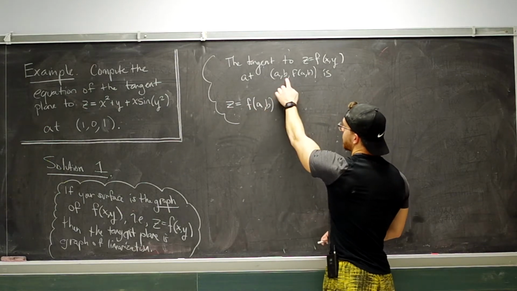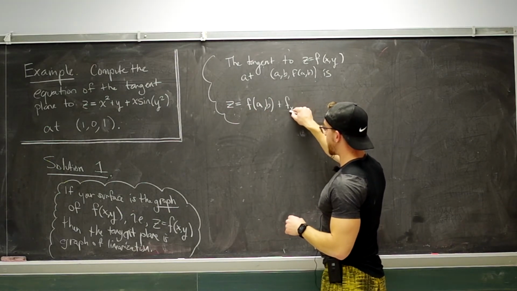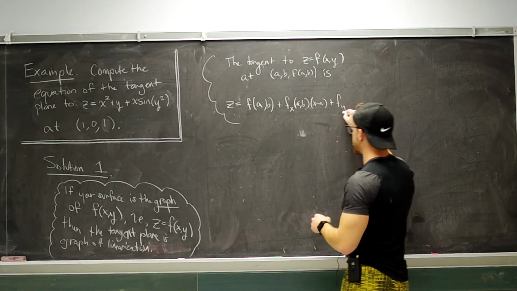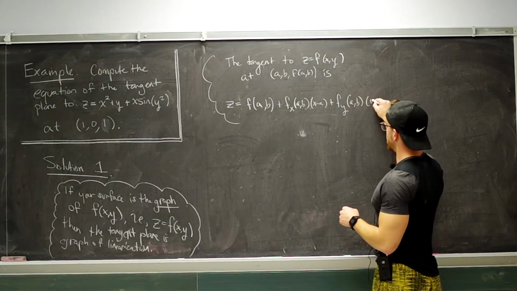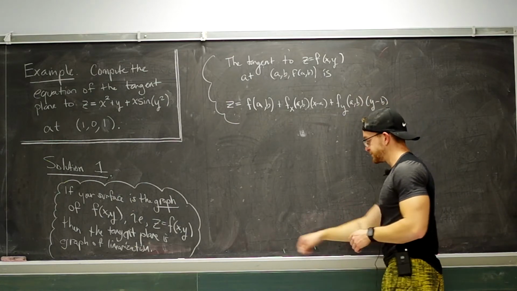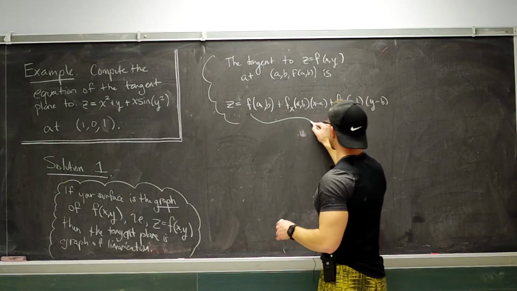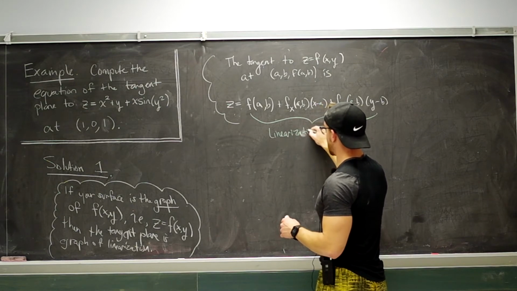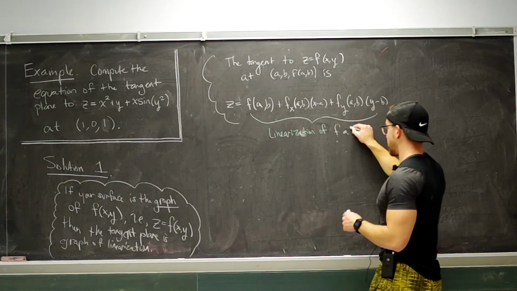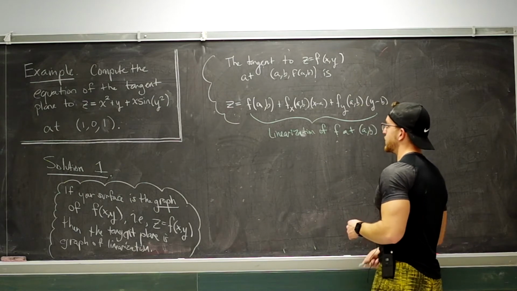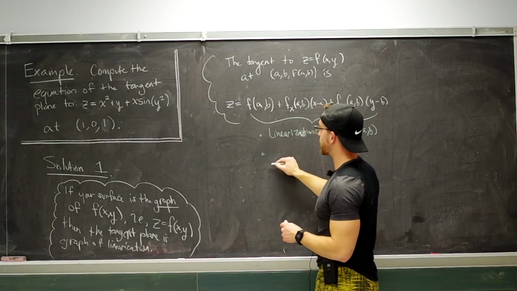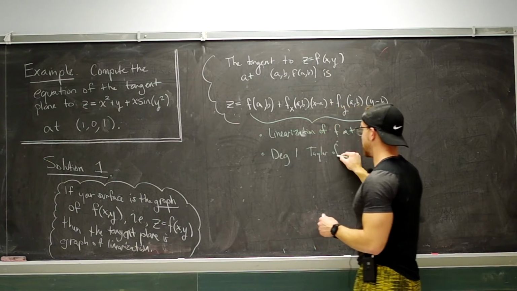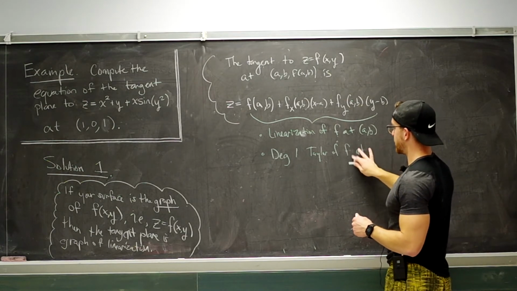So it's f of the point plus the x derivative of the point times x minus a plus the y derivative of the point times y minus b. Like I said, this is also called the linearization of f at a b. And if you want, you could also call it the degree 1 Taylor polynomial of f at the point a b.